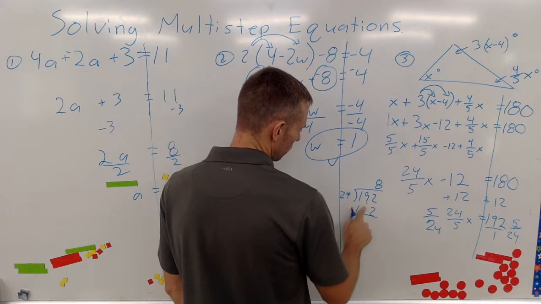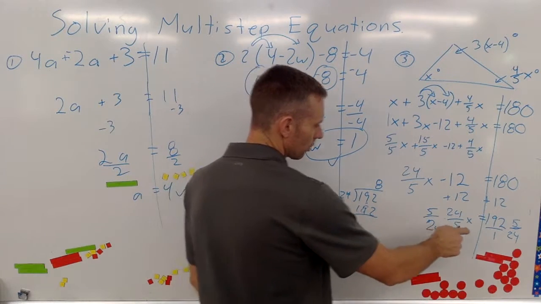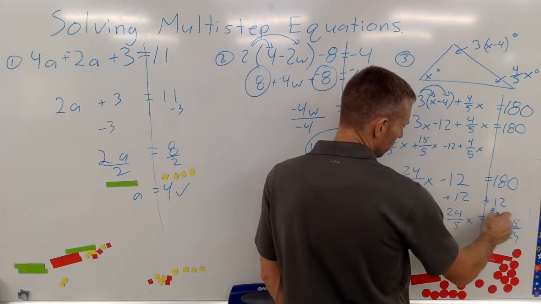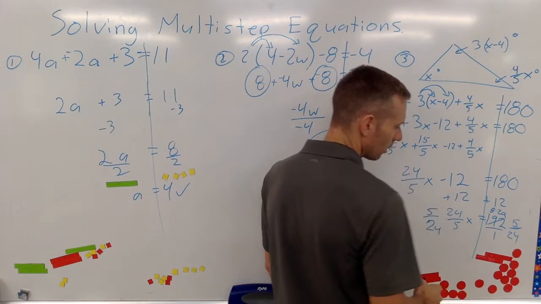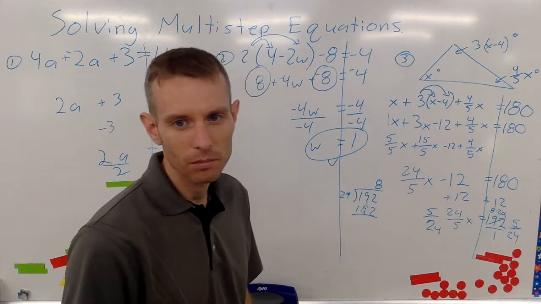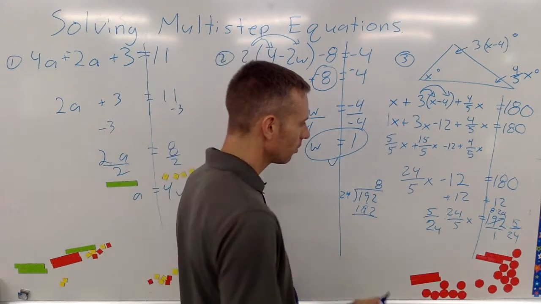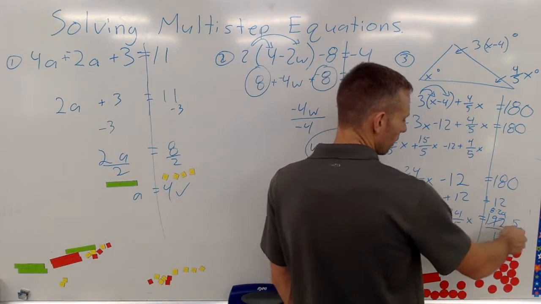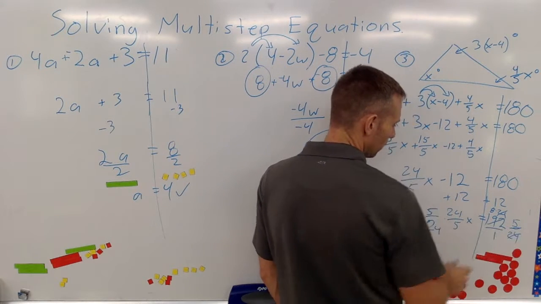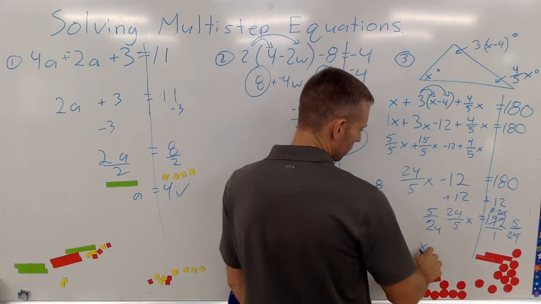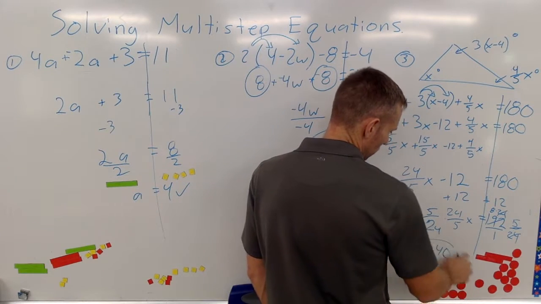So that plus 3 is the 192. So this could be 8 times 24, and there's my 24. Now, maybe not all of you are going to do it that way. You can still do 192 times 5 and divide it by 24 if you want to do that. But I can see that this is going to be 8 times 5, x equals 40.